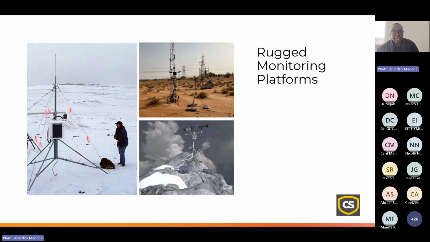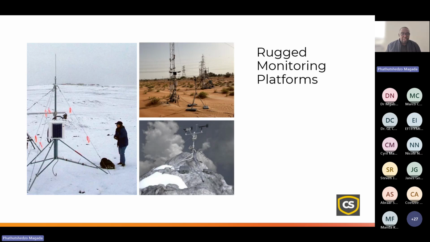On this slide, I'm demonstrating how rugged our monitoring platforms are. Many of Campbell Scientific's systems are built to operate across wide environmental temperatures, ranging from the highest to the lowest.